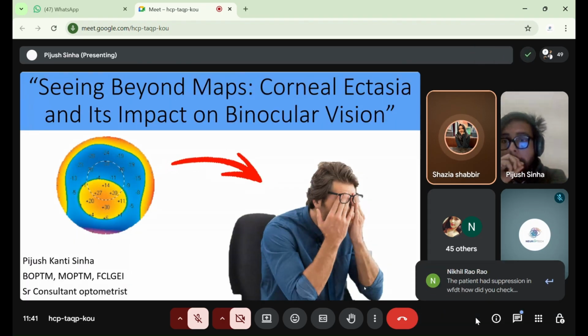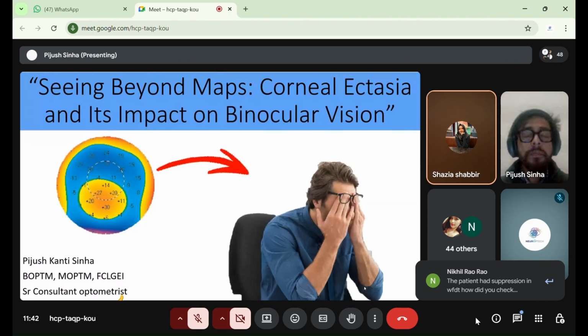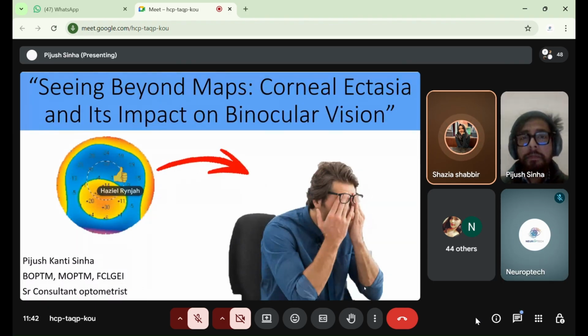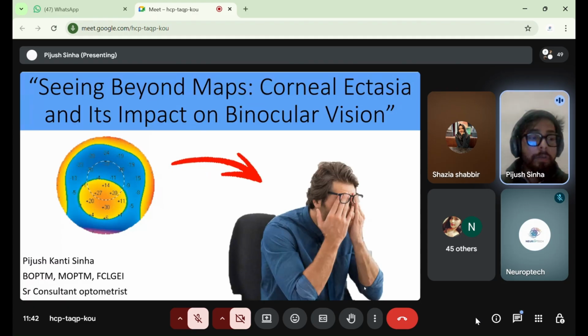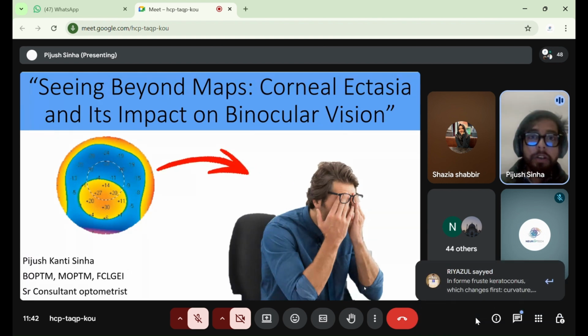Okay, yeah. So we have another question. The patient had suppression in the WFDT, Worth four dot test. How did you check stereopsis and fusional range? Okay, so first of all, if we see there is a suppression, then definitely his stereopsis will be less. So even if you do the Randot test or Titmus fly test, his stereopsis will be less because his stereopsis is not good.